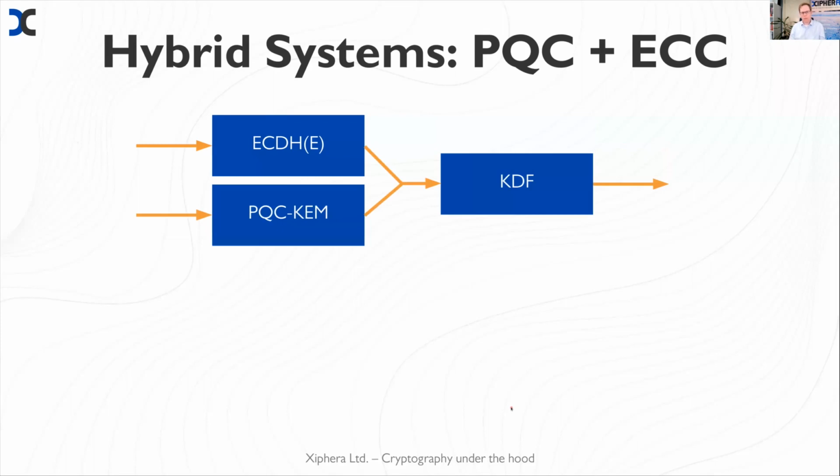Now, in a hybrid system, we just add this PQC key encapsulation mechanism in parallel with the old ECC protocol, and then we take the outputs of both of them, concatenate them, and only after that compute the KDF. So not that much changes. It's only this additional computation and the input of the KDF.